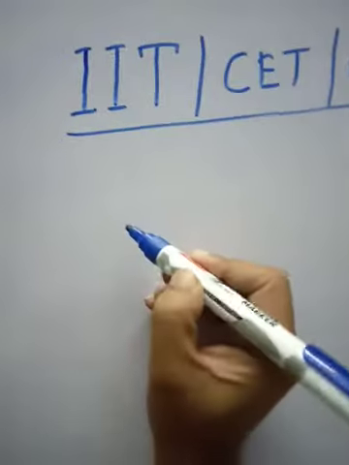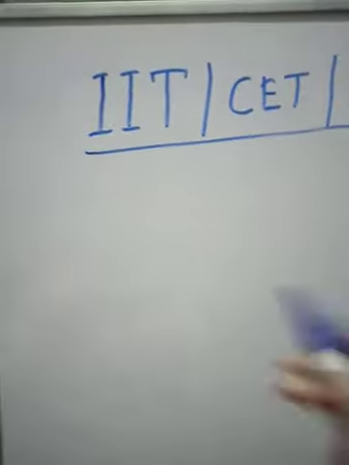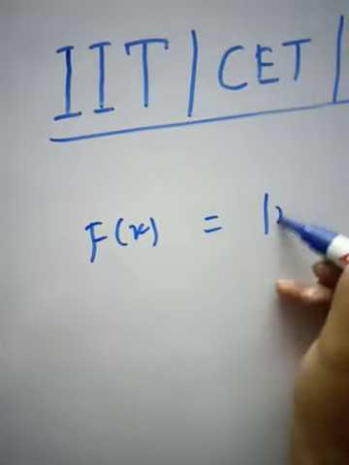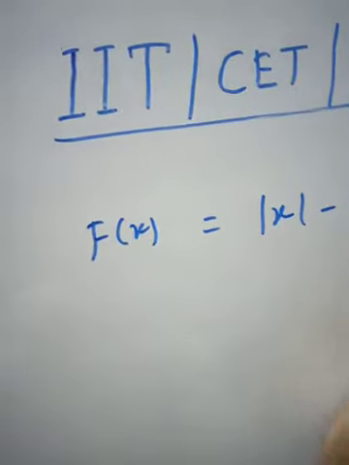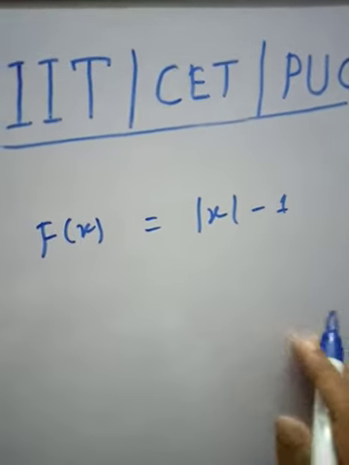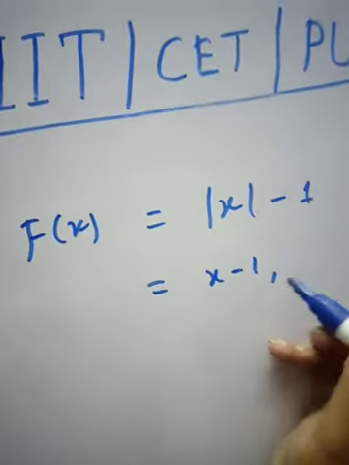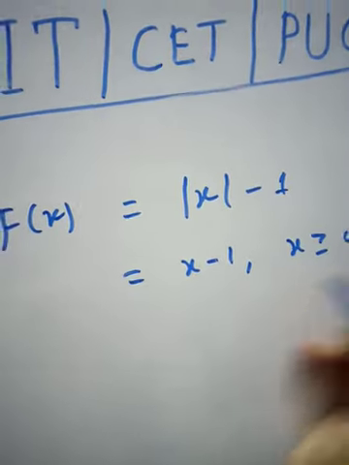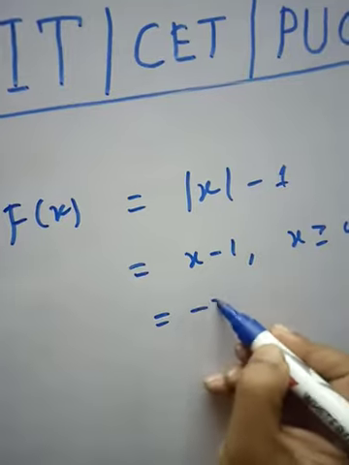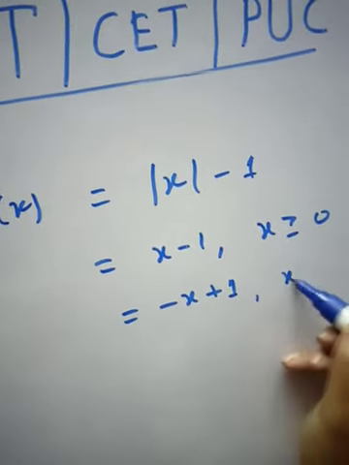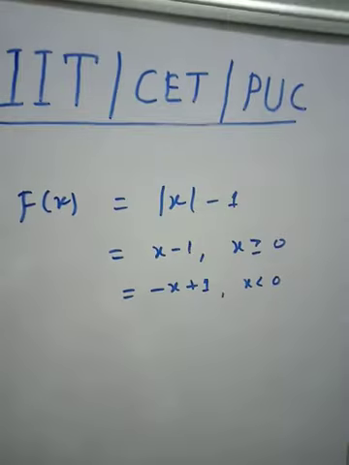So here we have f(x) equal to mod x minus 1. First we have to break this. It will be x minus 1 when x is greater than or equal to 0, and it will be minus x plus 1 when x is less than 0.